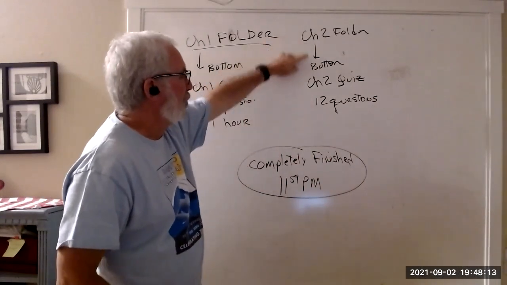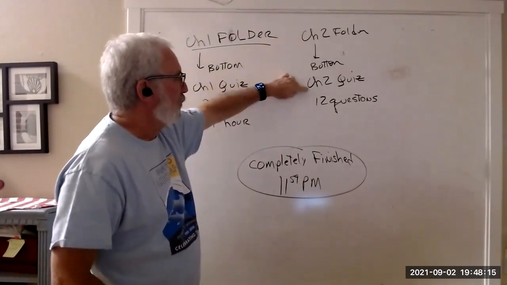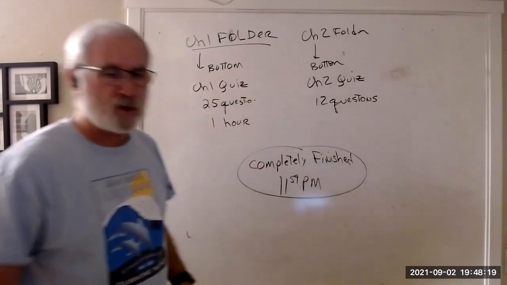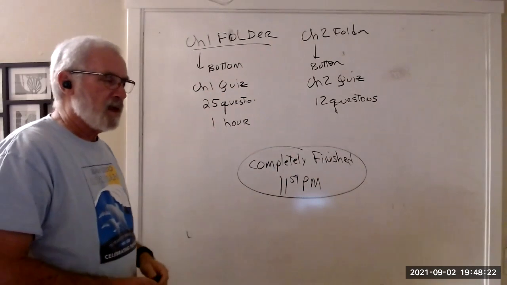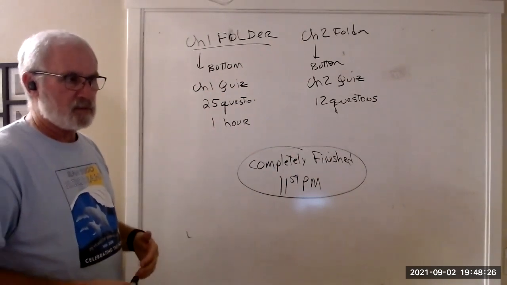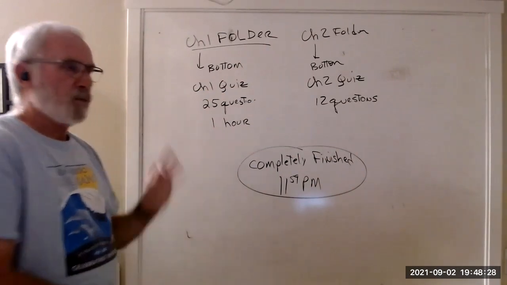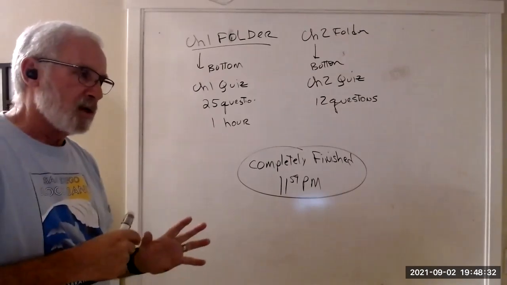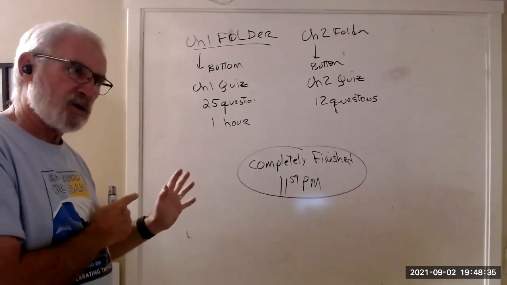Go to the chapter 2 folder, near the bottom, you'll see a chapter 2 quiz. It's got 12 questions. The questions are random and every person is going to get a slightly different problem. If I said quit now, go to Mom, could you guys do this?